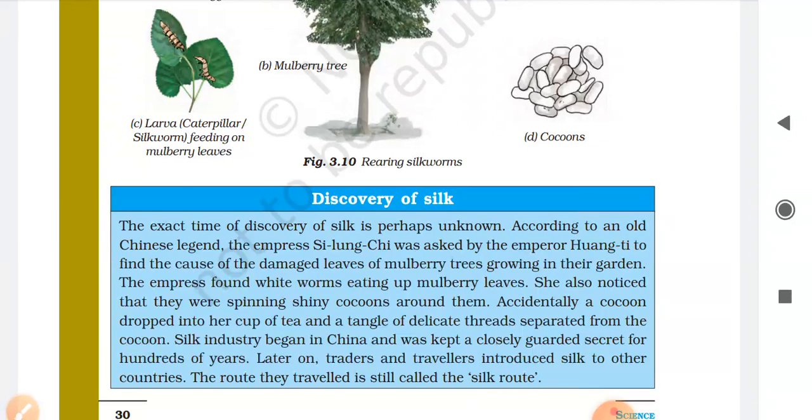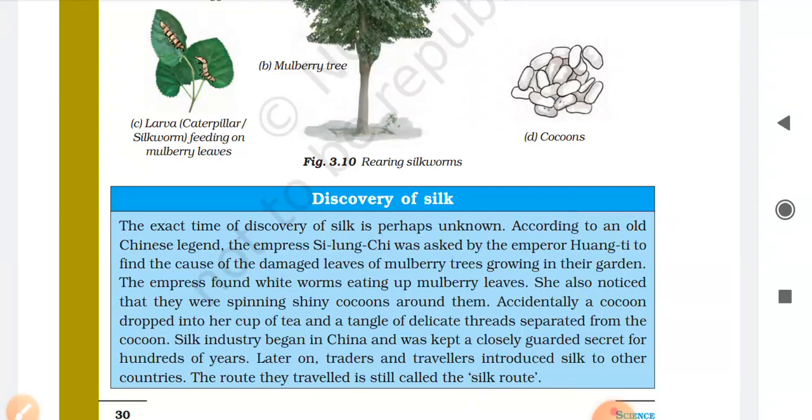The Empress found white worms eating up mulberry leaves. She also noticed that they were spinning shiny cocoons around them. Accidentally, a cocoon dropped into her cup of tea, and a tangle of delicate threads separated from the cocoon.